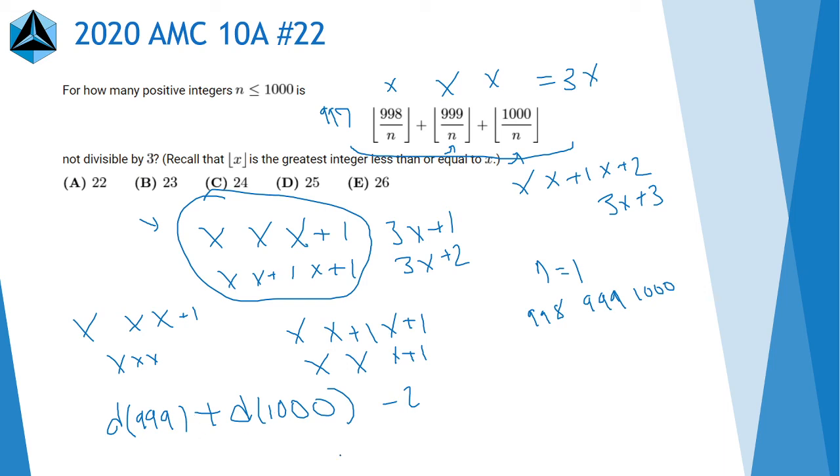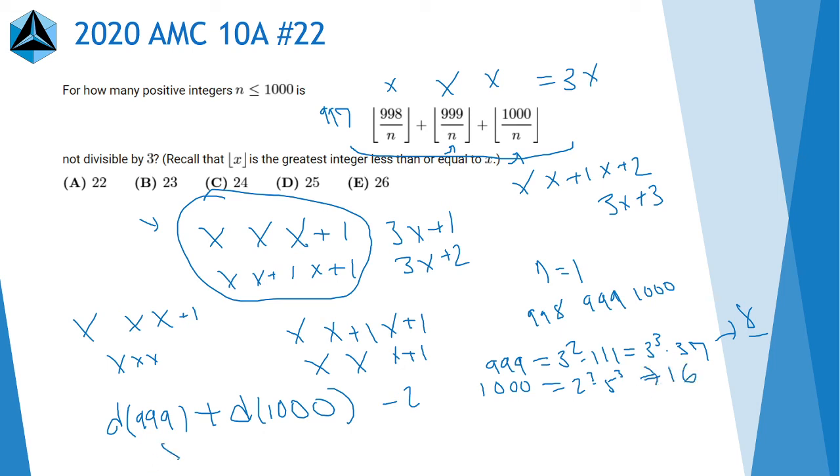Well, we could just straight up calculate this. 999 is equal to 3 squared times 111. But 111 is not prime. That's equal to 3 cubed times 37, and 37 is prime. So this has 4 times 2 equals 8 divisors. 1000 is an easy prime factorization. It's 2 cubed times 5 cubed, which yields 4 times 4 equals 16 divisors.